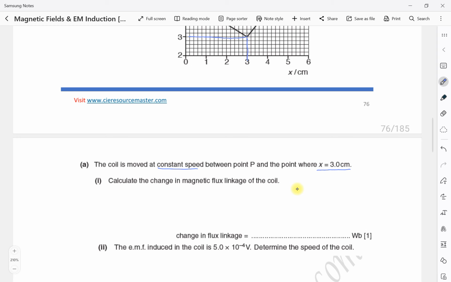So we know that the change in flux linkage is going to be equal to N, the number of turns, times the change in magnetic flux phi.